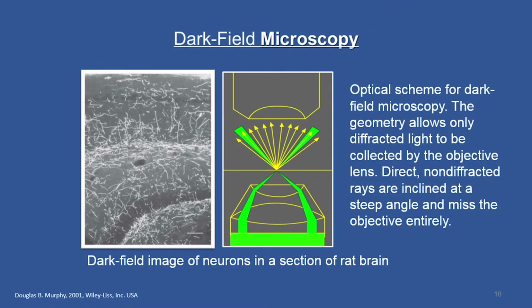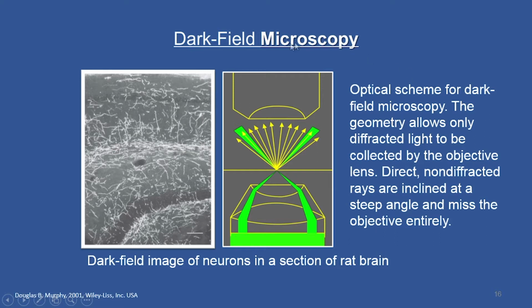So, let us look at the dark field microscopy. The slide shows one typical example of a biological sample. It is a dark field illumination. You can see that all the features, very minute features, are clearly illuminated.